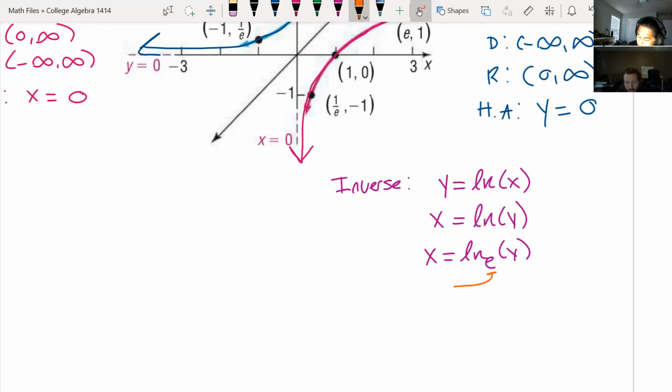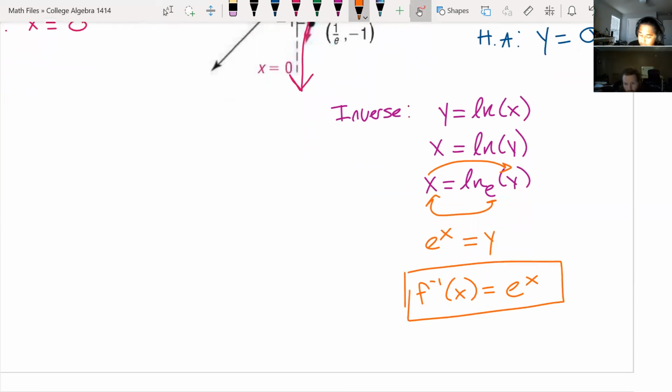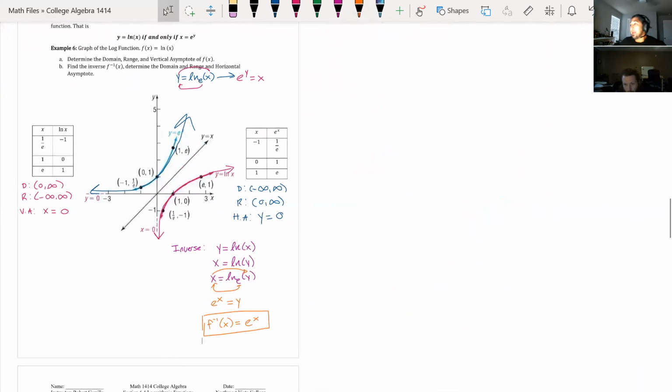You get e to the x set equal to y. And there it is. You have your inverse as e to the x. Boom. Okay. And now that is the natural log. You can find it on your calculator as the LN button.